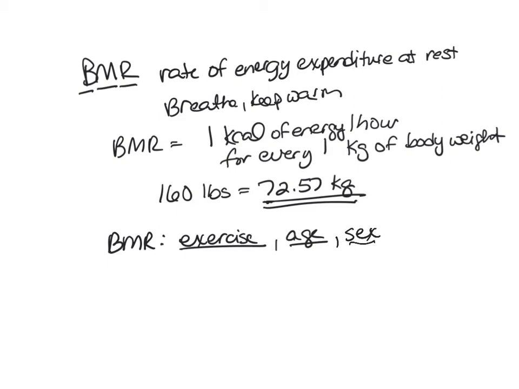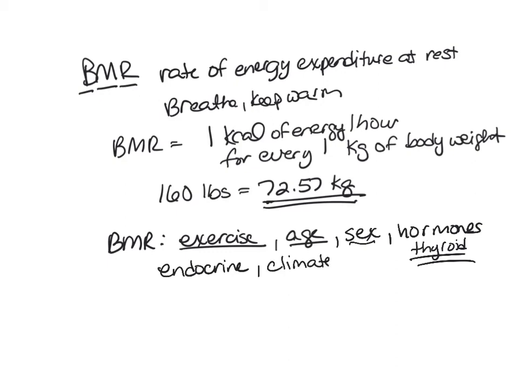Males are going to burn energy faster than females. Hormones are also involved. For example, thyroid hormones. If a person is producing more thyroid hormones, they're going to be burning energy faster. Endocrine activity. There are some hormones that will increase energy usage. And then also climate. People that live in warmer climates are going to be burning energy faster than those in colder climates.